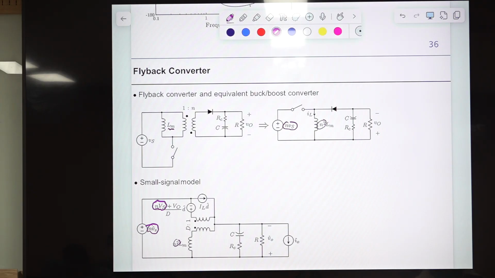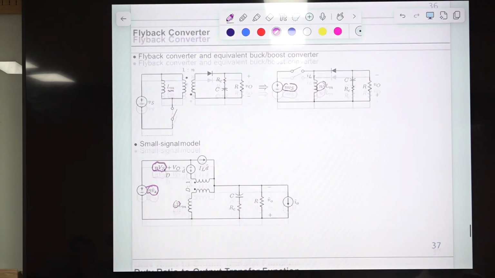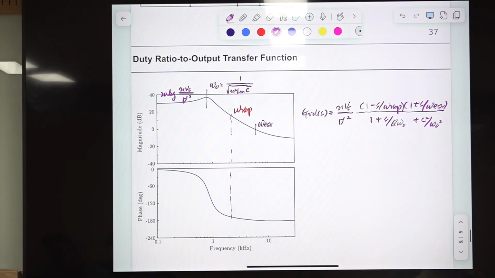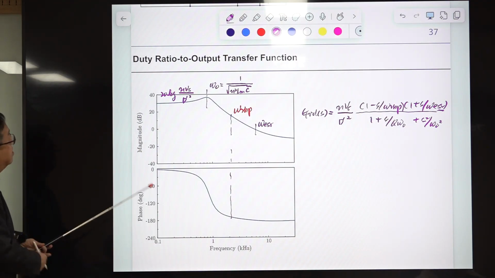This is one typical example, and I simulated the small signal model of the flyback converter, and this is the result of the plot. I used PSpice here.